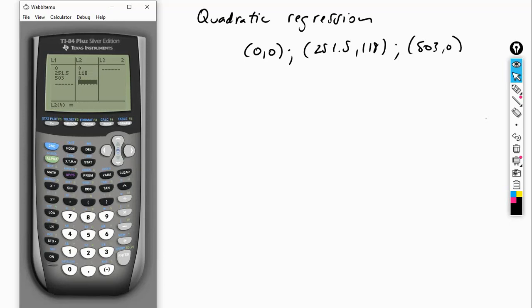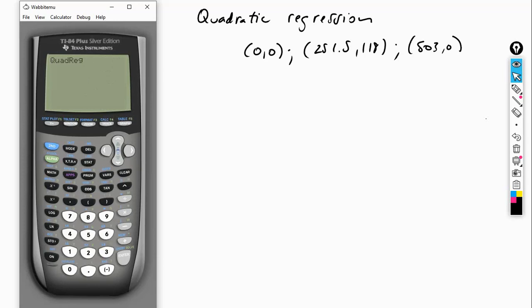Once we do that, we go to Stats again and Calc. Number 5 says quadratic regression. So you click on that, hit enter, and it takes you to the main screen and it says QuadReg.